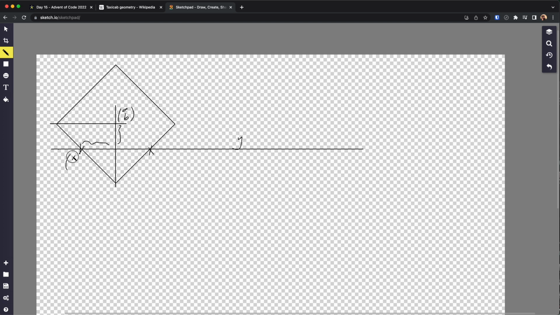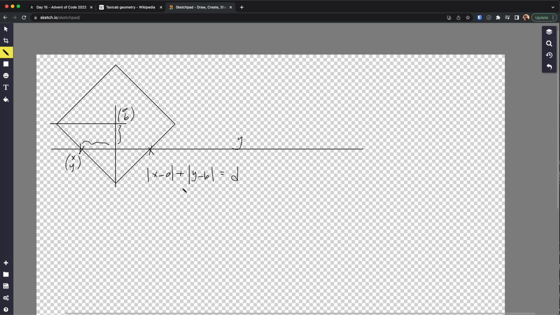So if this is x and y, using the Manhattan distance, I can say that the absolute value of x minus a, or a minus x, we are using the absolute value so it doesn't matter, plus y minus b is equal to our distance, right? The same is for here. So we are taking this and adding this to this, so it will be d as well.